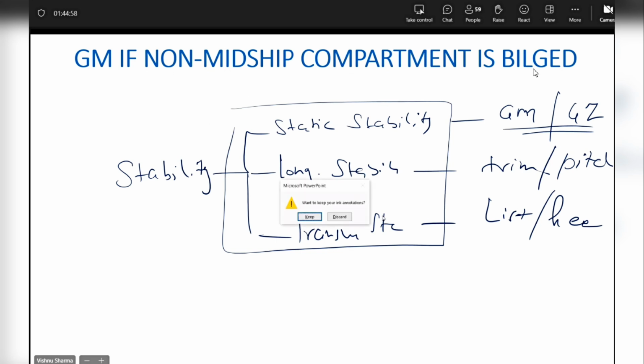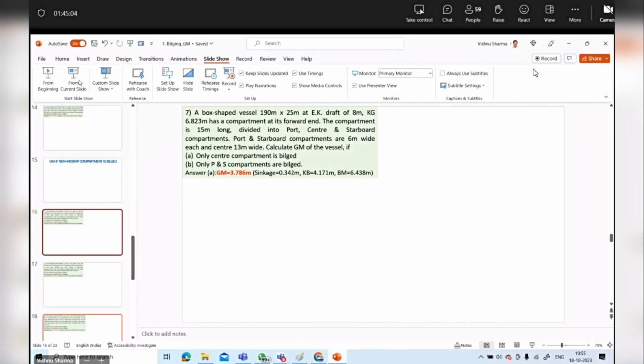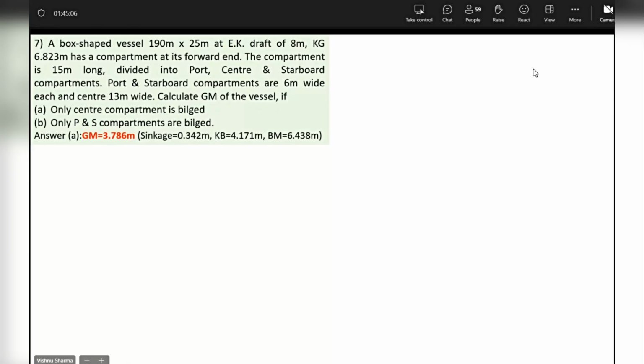Okay, so let me just take a question here. A box-shaped vessel, 190-meter long, 25-meter wide, is at even keel. I think it's an MMD question or from Dubey's book. It must be MMD because I would have picked it up from there.